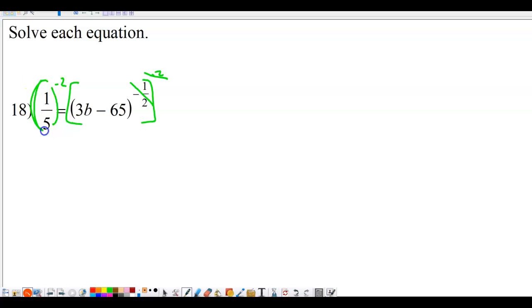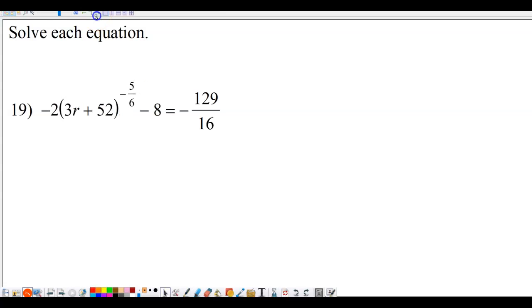It's going to square everything. So you're going to have 1 squared over 5 squared. But it's also going to flip it, and that's because of the negative. Negative exponents cause it to flip. So basically, what you're going to end up with there is 25 over 1, which is just 25. So do be aware of what we talked about before, which is negative exponents. They cause you to flip the fraction over as you're simplifying it.